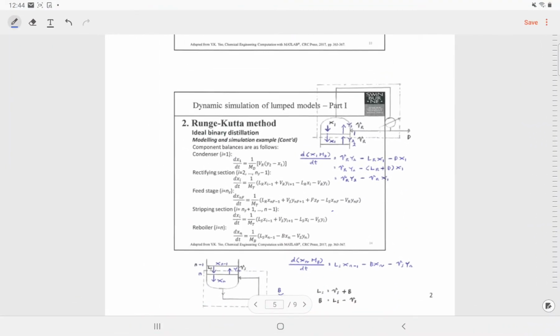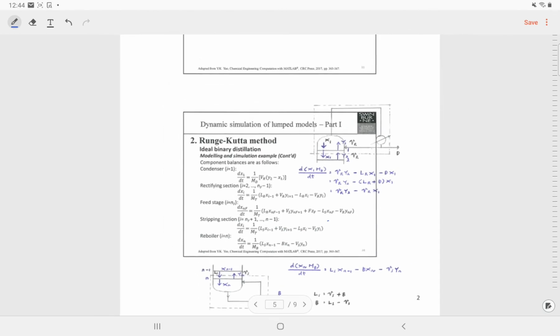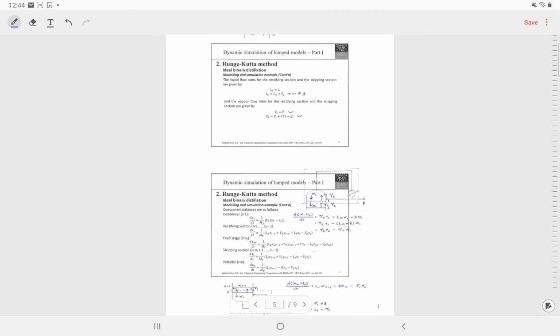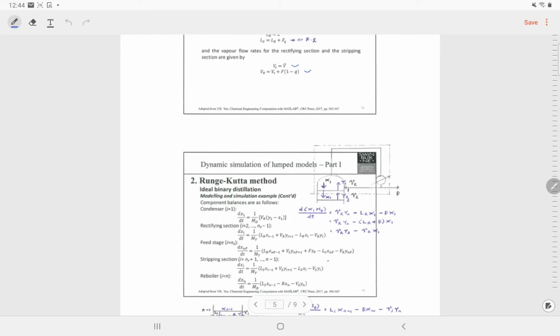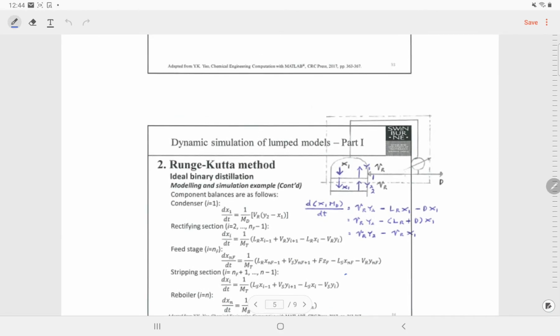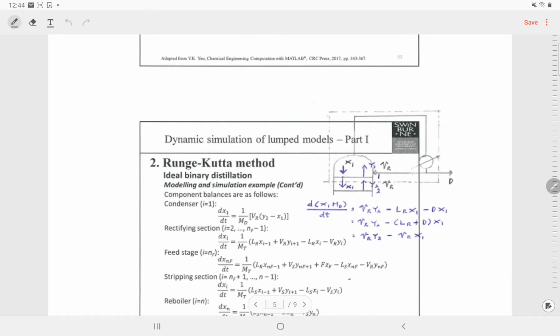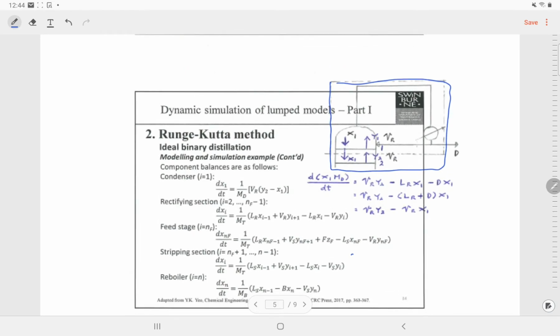For the feed stage, it becomes similar to the previous one as in this slide. But for the condenser, you have to create this figure here, and basically derive what is the component that is going out and what is the component that is going in.